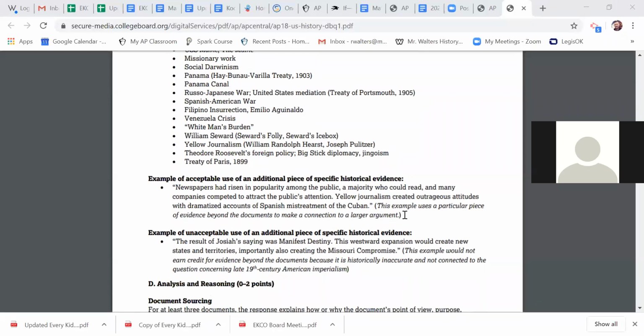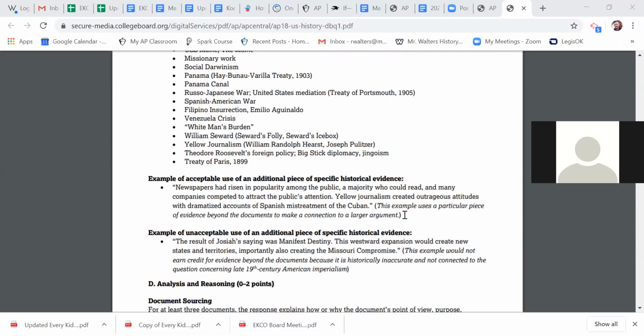Let me show you a good example though. Newspapers had risen in popularity among the public. A majority could read, and many companies competed to attract the public's attention. Yellow journalism created outrageous attitudes with dramatized accounts of Spanish mistreatment of the Cuban. Okay, so notice what they did there.